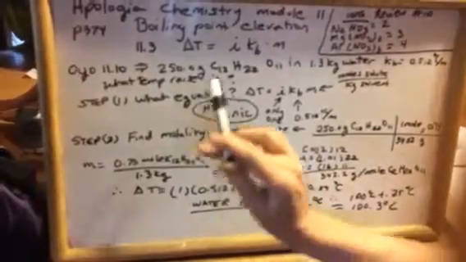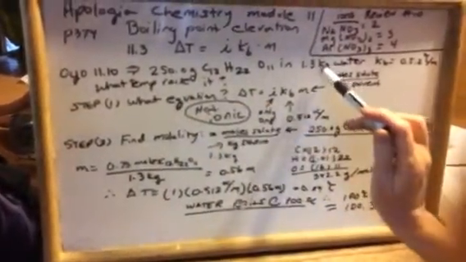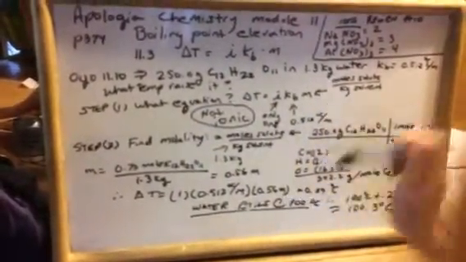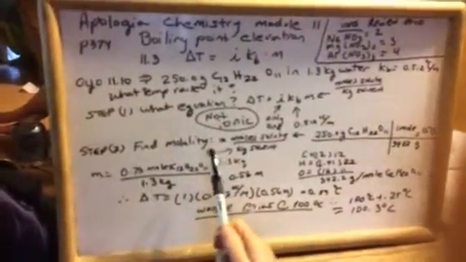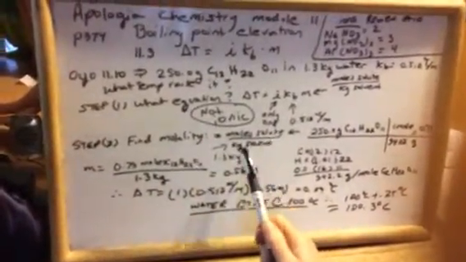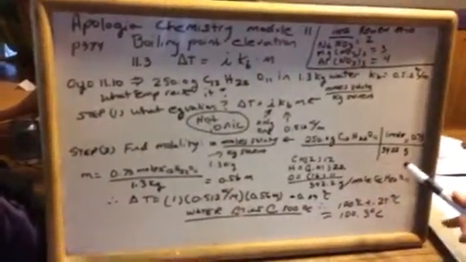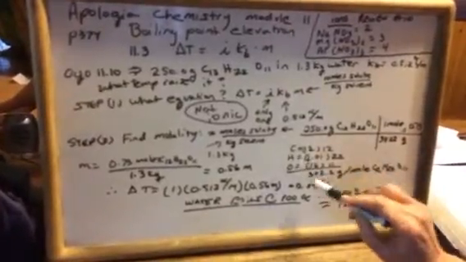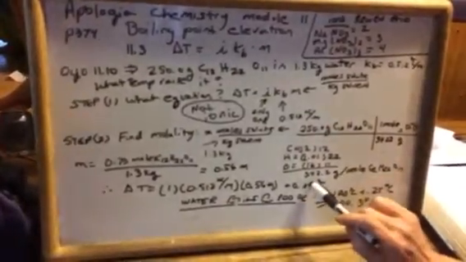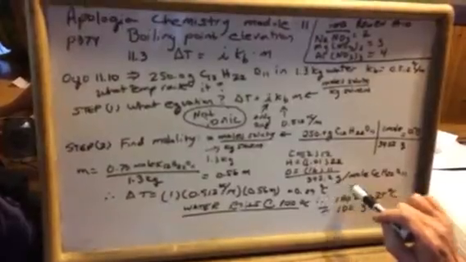Well, we're given a number of grams of the solute, and we're given the number of kilograms of the solvent. So what are we going to have to do? We're going to have to find that molality, little m, the moles of solute divided by kilograms of solvent. So to find the moles of solute, we take the grams, we convert it. We know the gram formula weight by finding that in the chart is 342.2 grams per mole.